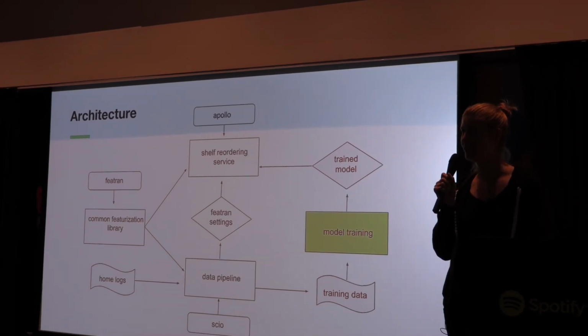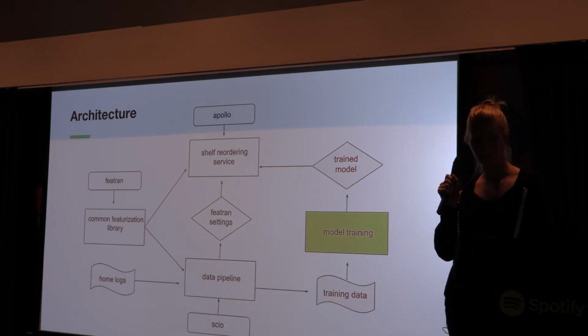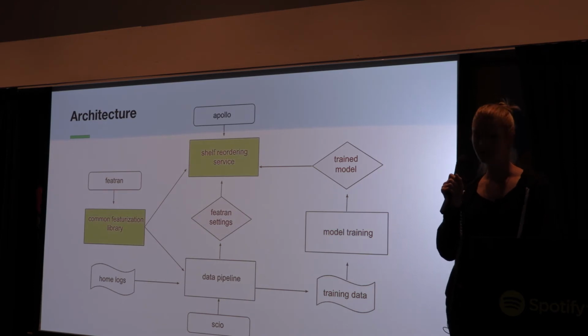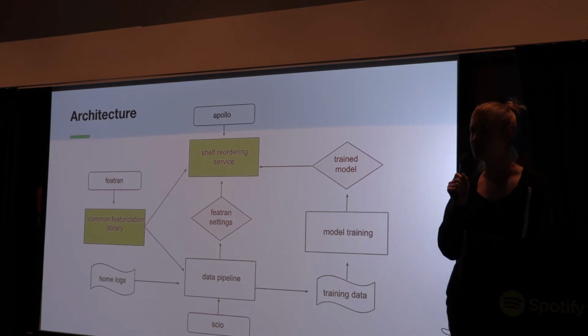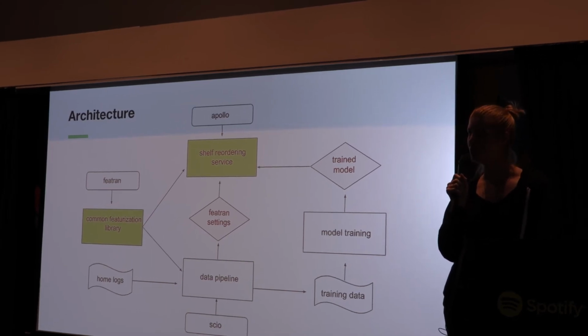So this would be your h that you saw in the previous slides, and you would then get the optimal weights associated with it. And so finally, that brings us to the shelf reordering service, which is also going to be using this common featurization library. And the two inputs that it requires are the Featran settings as well as the trained model.